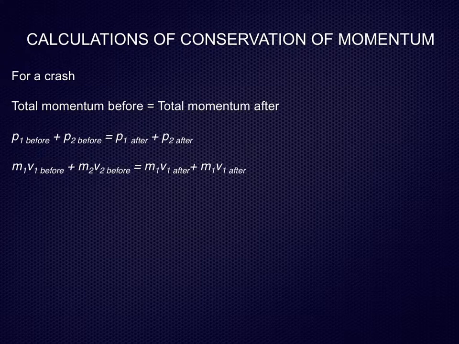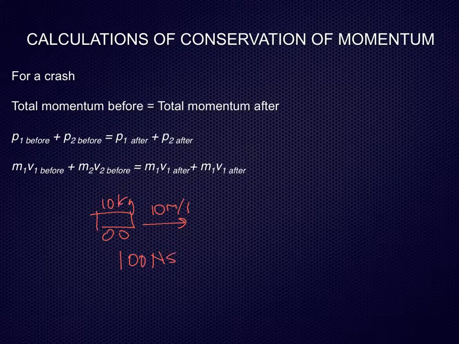Okay, so let's say we had a car going along with a certain velocity. Let's say it's got a velocity of 10 meters per second, has a mass of 10 kgs. This has a momentum of 10 times 10, which is 100 newton seconds. Now this is going to come in and crash into a car that is stopped, 0 meters per second.